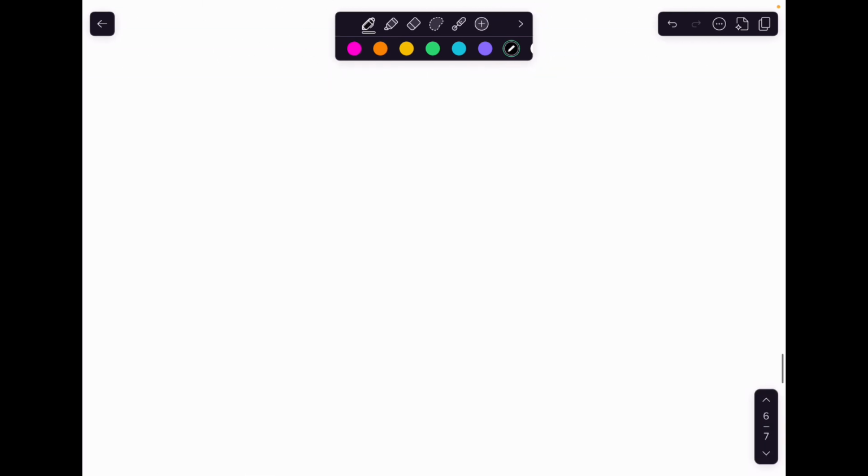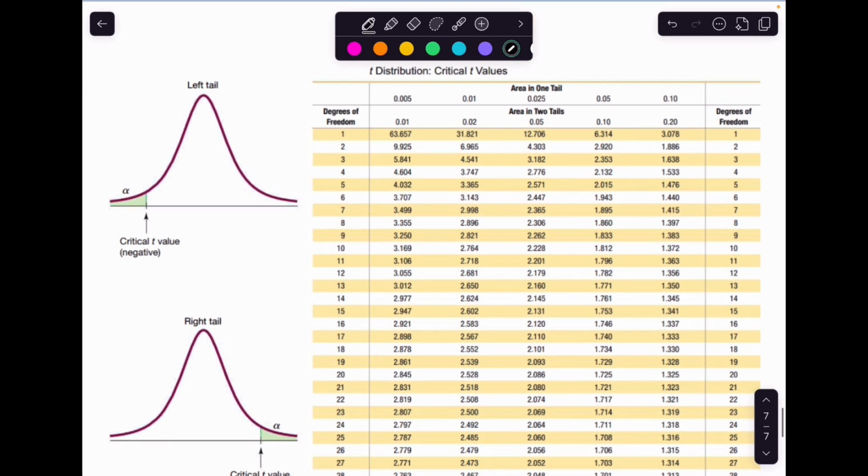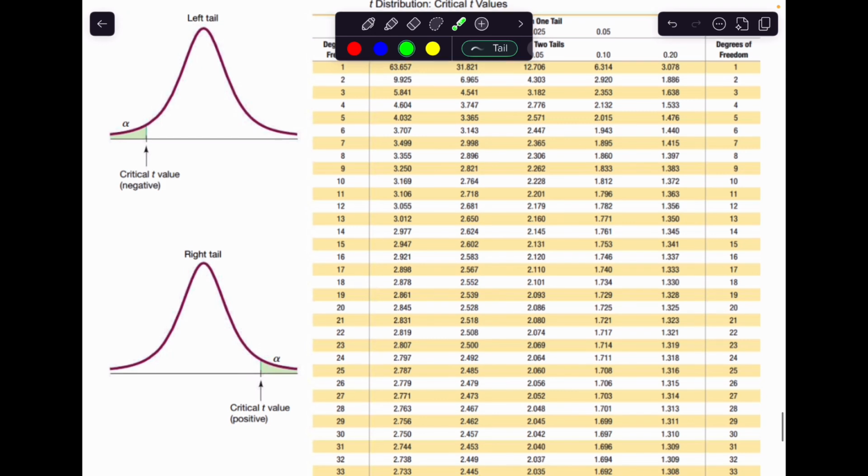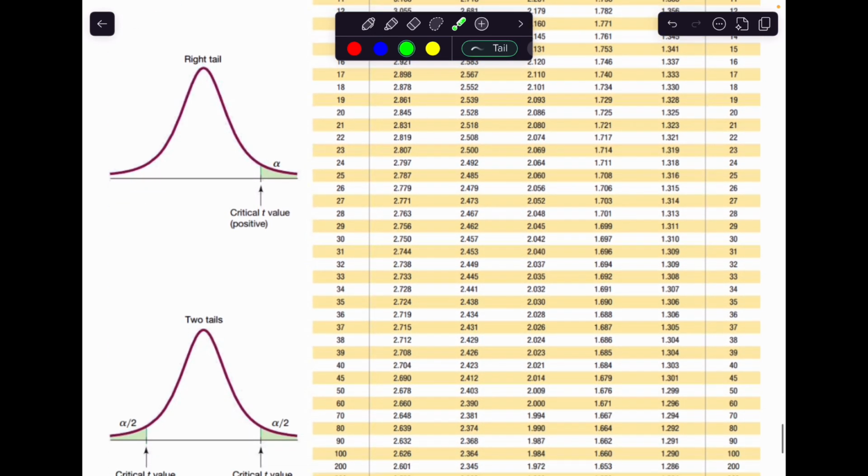That's all the way at the end down here. My area in two tails has to be 1%, so I'm going to be using this particular row. My degrees of freedom is 48, but if I scroll down, I don't have a 48. So I either need to use 45 or 50.